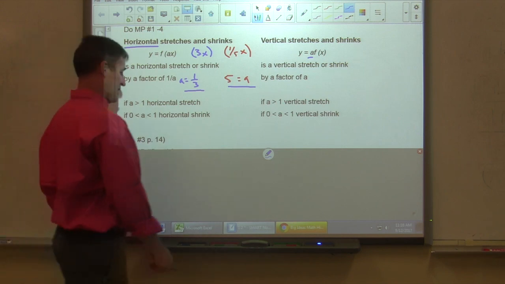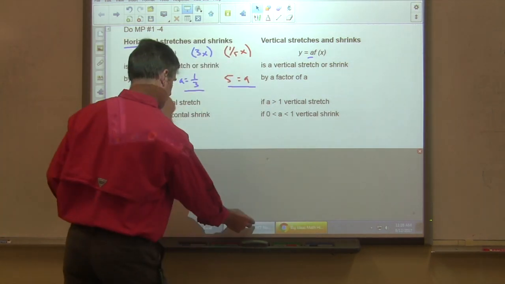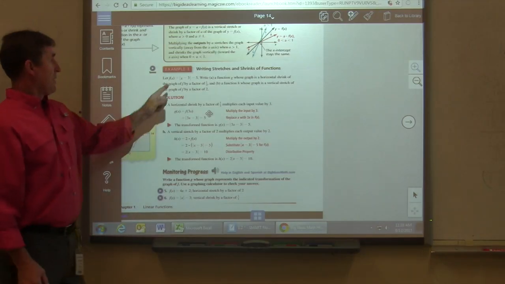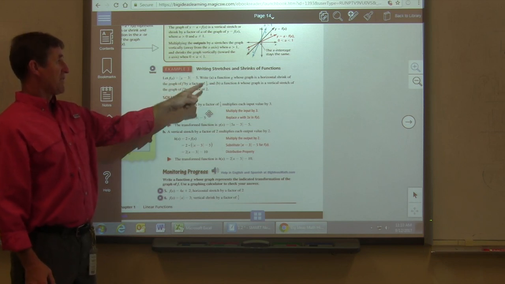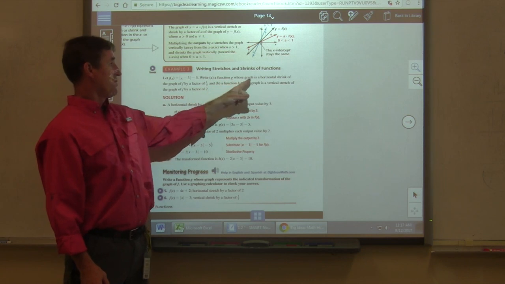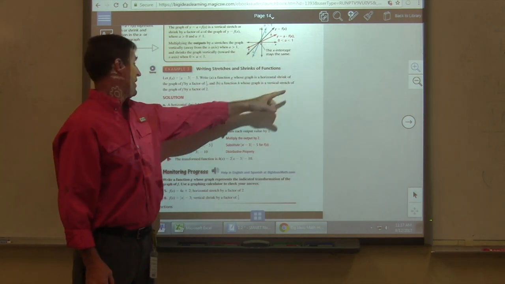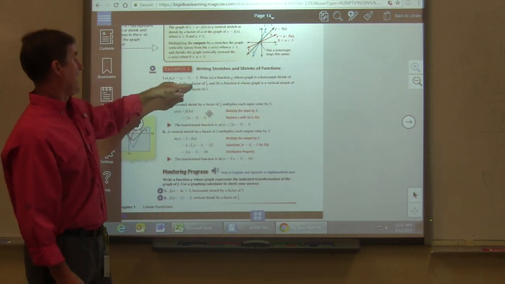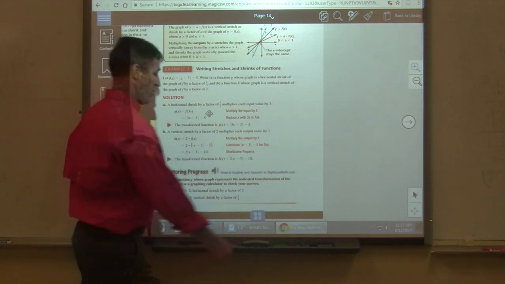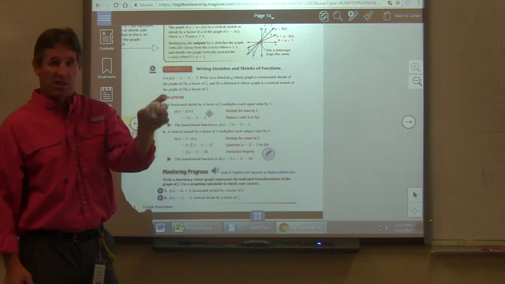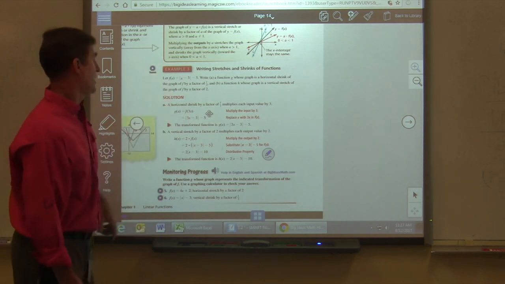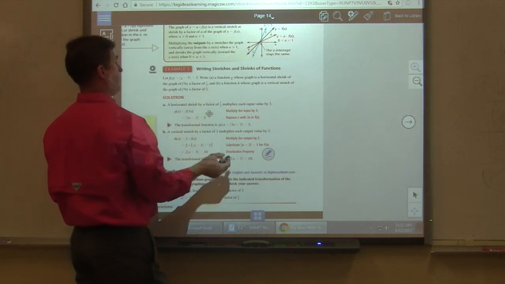So if we look in the textbook on example number 3, it says let f of x equal the absolute value of x minus 3 minus 5. Write a function g whose graph is a horizontal shrink of the graph by a factor of 1/3. So horizontal, remember, tells us it's going to affect just the x, and it's going to be the inverse of what it says. So it says by a factor of 1/3.